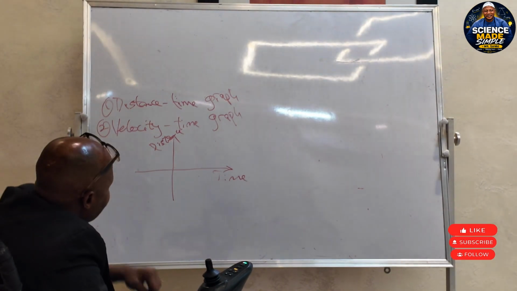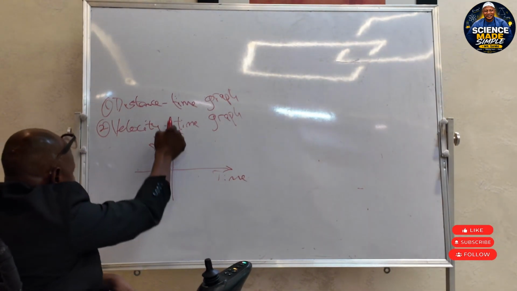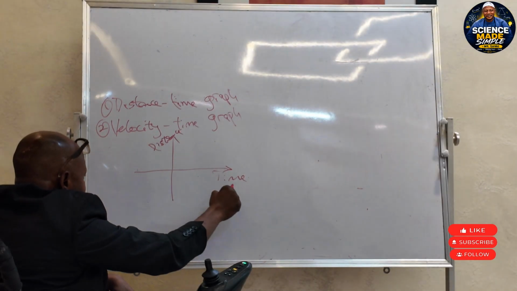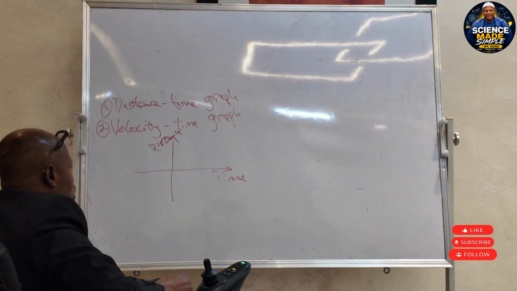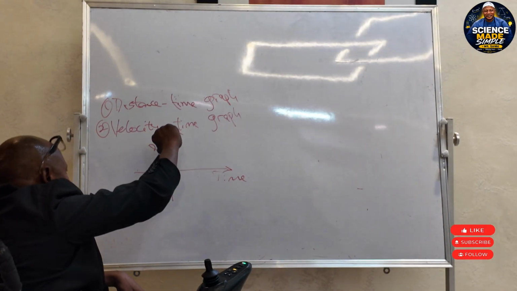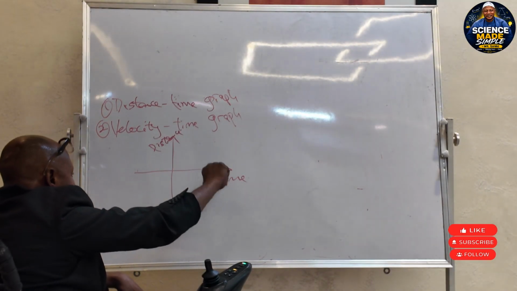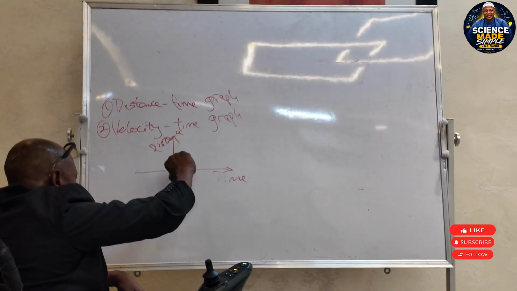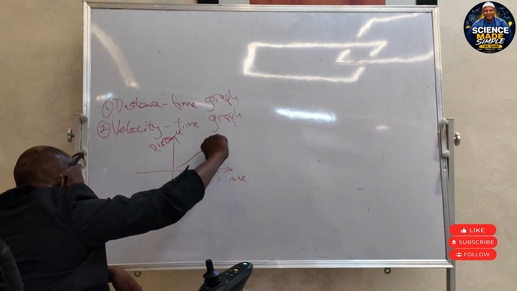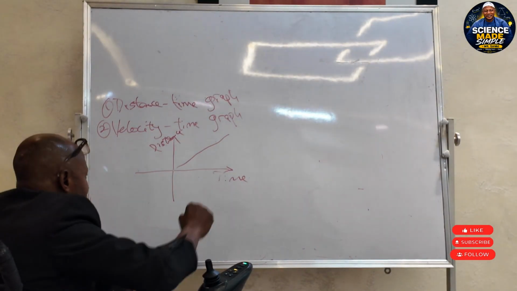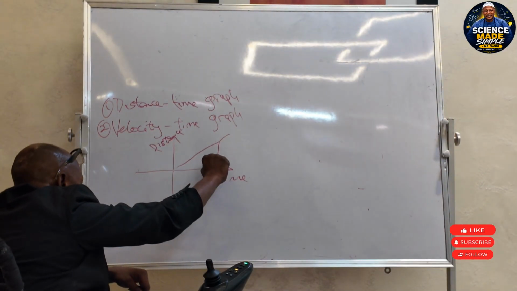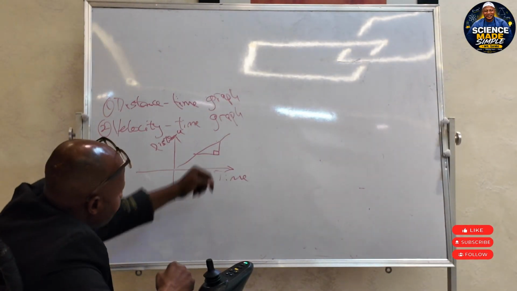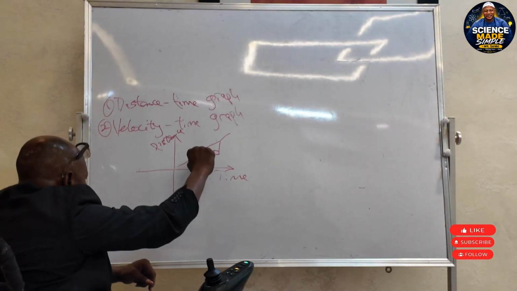So our distance time graph means that our distance is in the vertical direction, and our time is in the horizontal direction. When we draw distance against time, the rate of change of position with time, we may get a straight line graph like this. We calculate the slope of the graph by making the graph a right angle triangle like this.